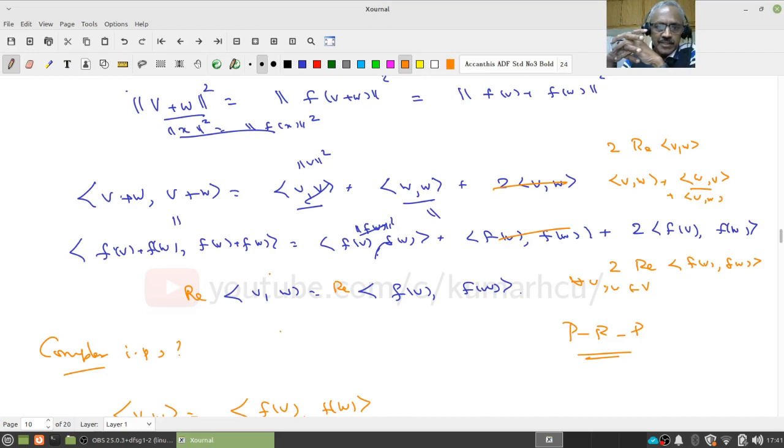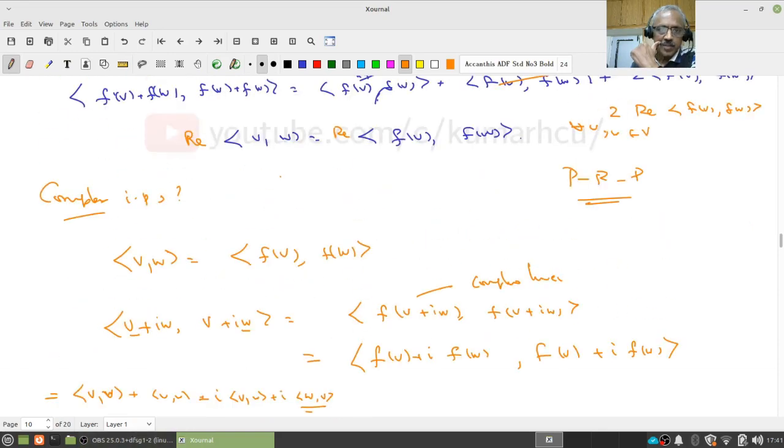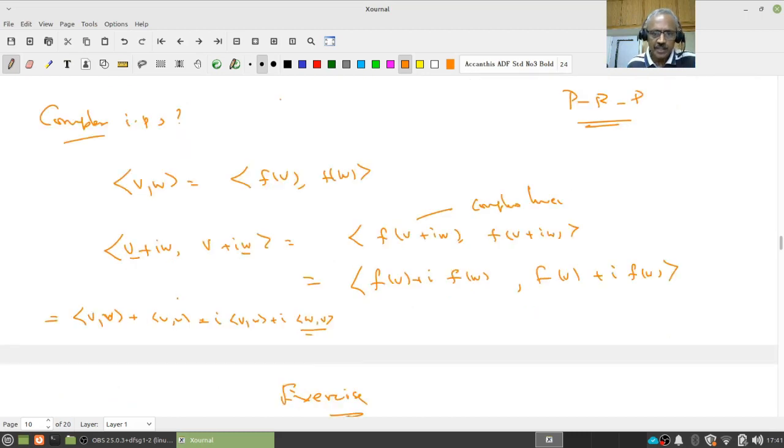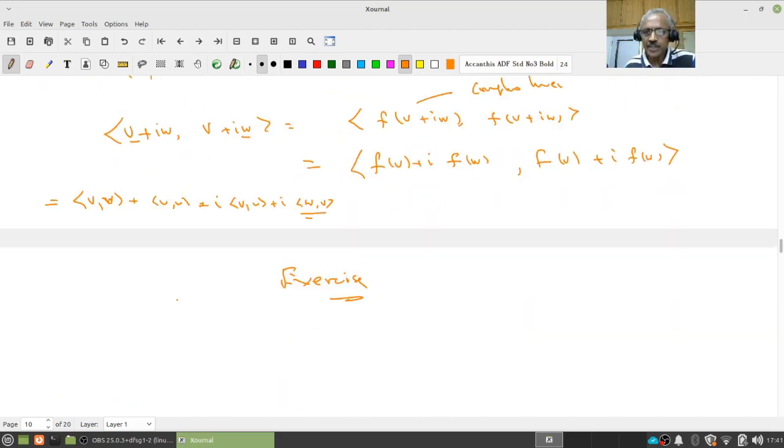In the complex case, I will get only the real part of the inner product V, W equal to the real part of the inner product FV, FW. You understand? Now for complex, what do you think I have to do? In place of V plus W, I take V plus IW and carry it out. So I will get the imaginary part of the inner product V, W equal to the imaginary part of the inner product FV, FW. Carry that out. That's an exercise.